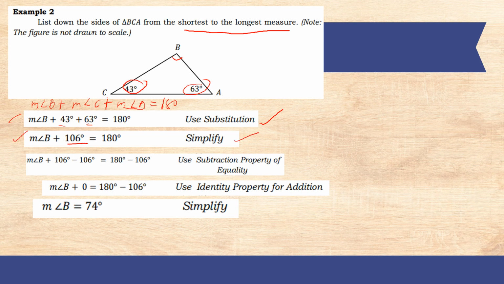So we now have the measure of angle B plus 106 equals 180. Using the subtraction property of equality, we will subtract 106 from both sides. So the measure of angle B plus 106 minus 106 equals 180 minus 106. And by the use of the identity property for addition, 106 minus 106 is 0, so the measure of angle B plus 0 equals 180 minus 106. By simplifying it, the measure of angle B is 74.